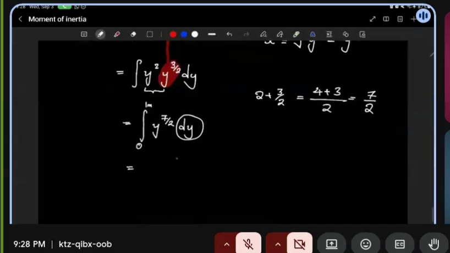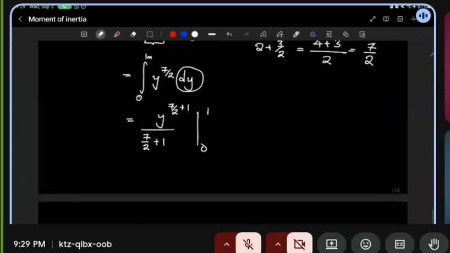So when we integrate, we know to the power, we have to add 1. And then we'll divide by that new power as well. And then this is from 0 to 1. Even if we don't simplify that power, when we substitute 1, this is going to be 1 to the power 7 over 2 plus 1 over, in the denominator, we would have to simplify that.